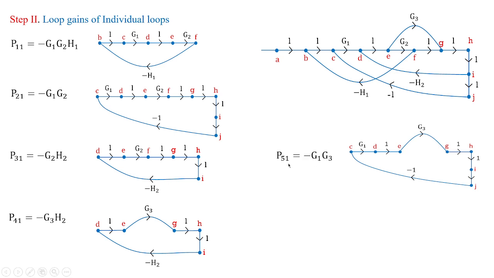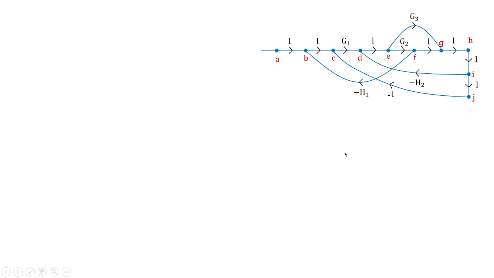Similarly, P51 is another loop gain, starts from C, goes to E, overlaps to G, goes back to H, comes back to J, and again comes back to C. So we have identified all the individual loops.